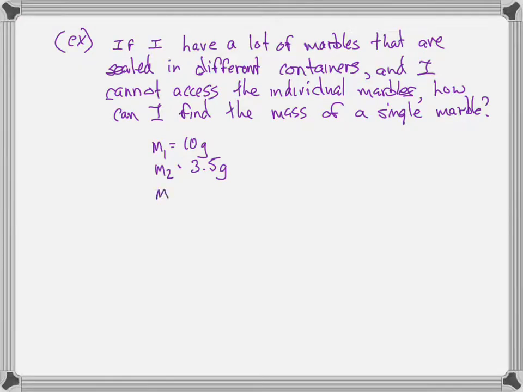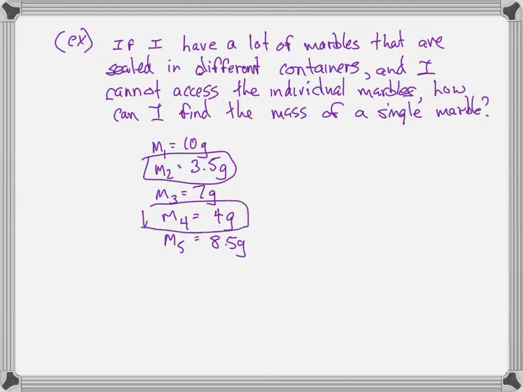The mass of container 3, etc. So look at these numbers and tell me what the mass of a marble is. Well, you can actually only give me an upper bound of the mass of the marble, right? Because we can say, well, it can't be bigger than 3.5 grams.